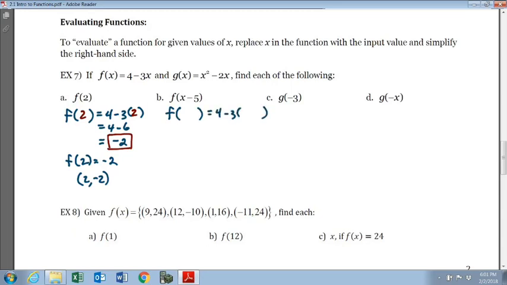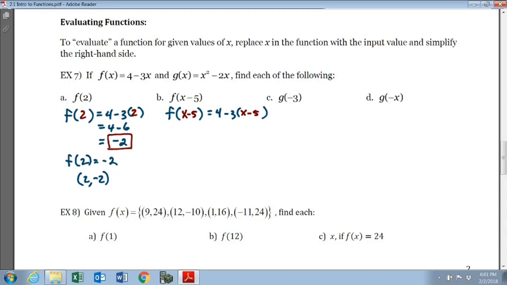So again, make a shell. This is the f function, just like the one we just did, but this time I'm going to substitute x minus 5 wherever x was. For some people this is a little strange because we have an x in this, but it doesn't matter. We're just going to plug in whatever our input is wherever the parentheses are.